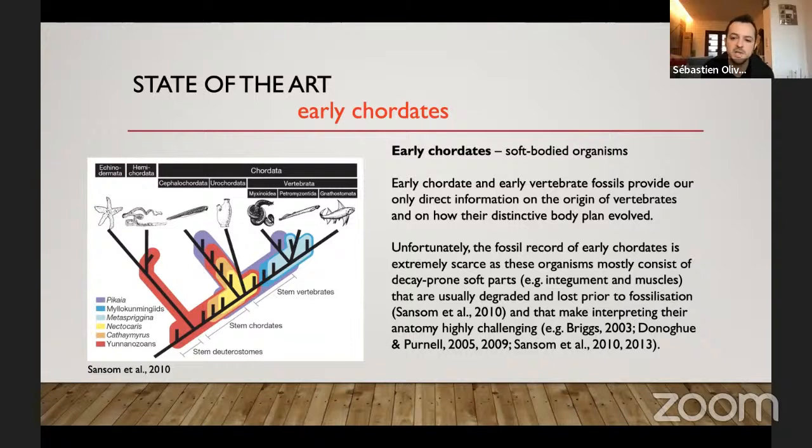That makes interpreting their anatomy highly challenging. And consequently, as Rob showed in 2010, their phylogenetic position is unstable. For instance, Pikaia in purple here has been interpreted as a cephalochordate, also as a lamprey, and even as an annelid, though that is not shown in this figure.